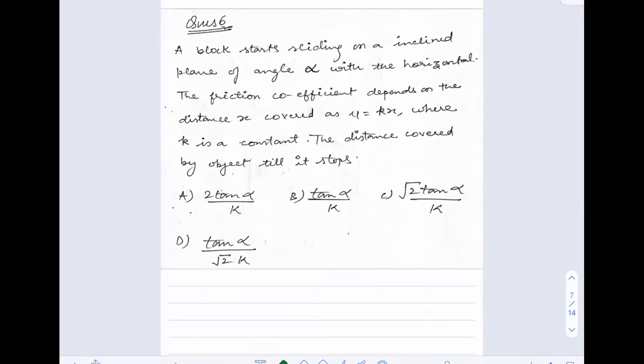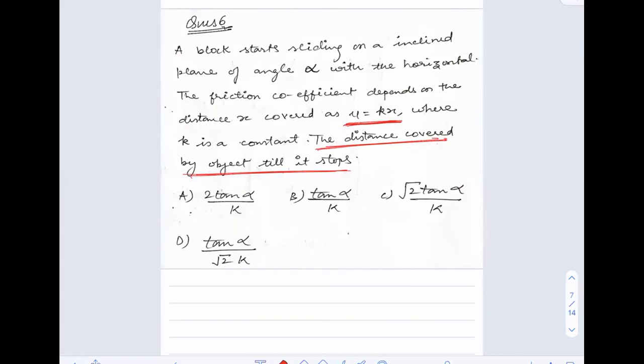If you see this question, you will find that mu depends upon x. And what you have to calculate is the distance covered by the object till it stops.